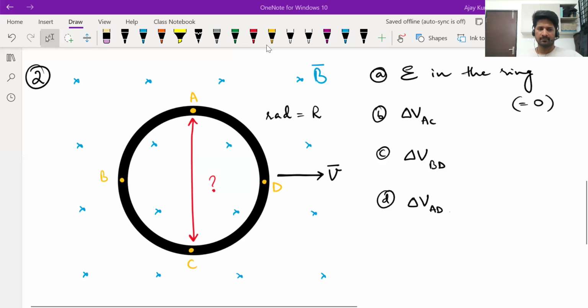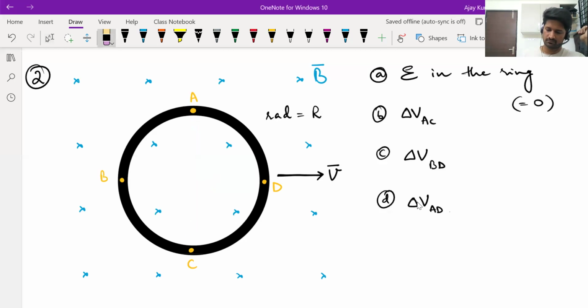Sir, will there be a force acting on it? Yes. Charge moving in a magnetic field will experience a force. Which way will the positive charges go and which way will the negative charges go? Sir, the force will be perpendicular to it. So the positive, I'm not sure about this, sir.